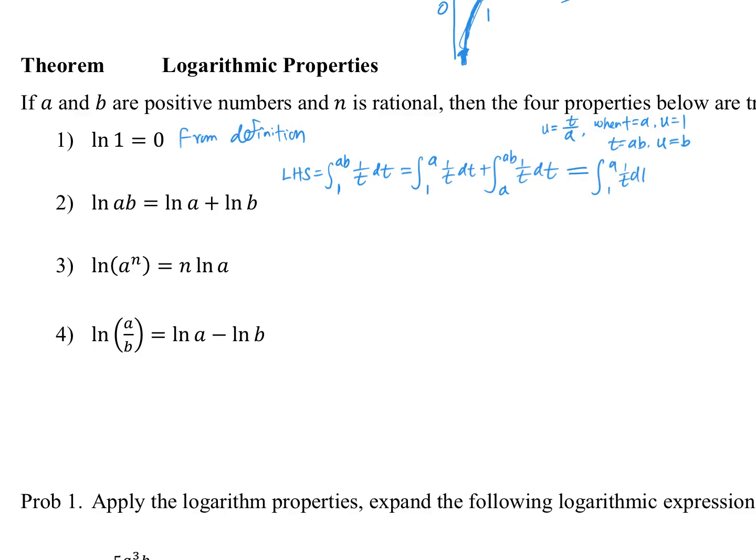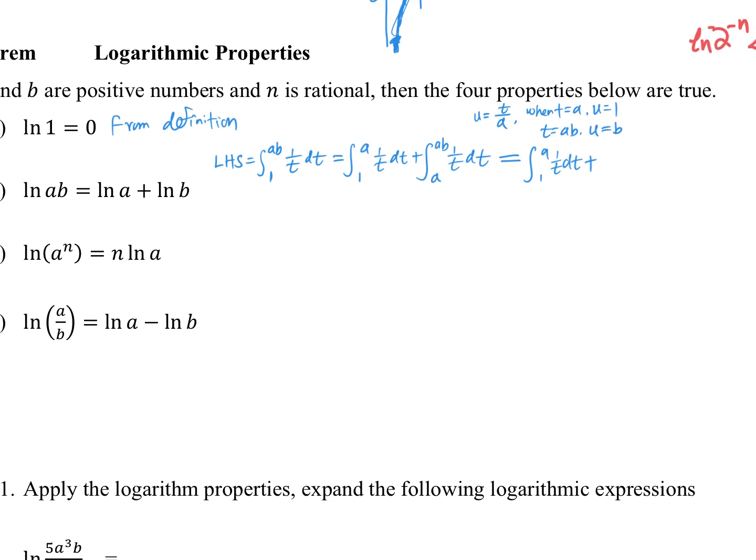So the first integral, just copy it down. The second integral has limits from 1 to b now. Let's continue the substitution. From u equals t over a, that means t is a times u, and dt will be a times du.